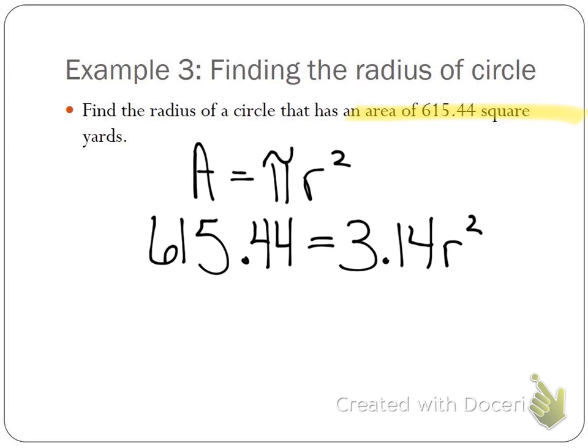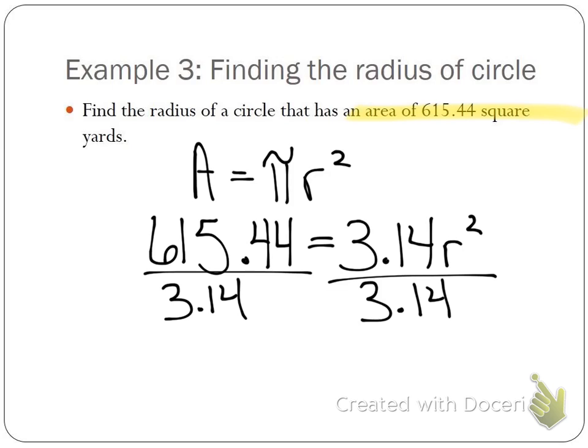Equals 3.14 times r squared. Okay, so I know my value for pi, but I don't know r. So now, if this is multiplication that's attached to my variable, how could I move 3.14 to the other side? Divide by 3.14 both sides.